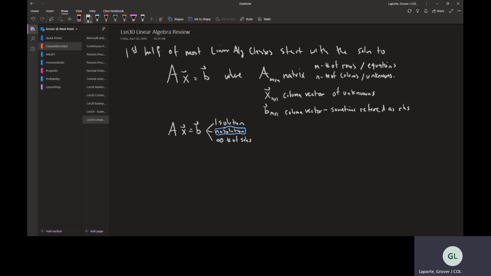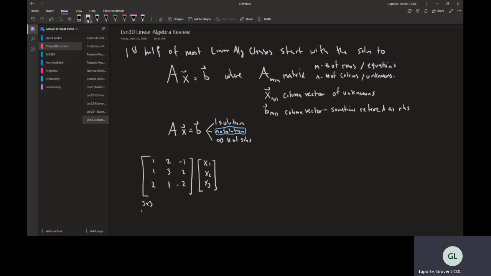So here's an example of what one of these might look like, and I'm just going to do a square matrix, a 3 by 3. We'll give you 1, 2, negative 1, 1, 3, 2, 2, 1, negative 2, and then my vector of unknowns, x1, x2, x3.